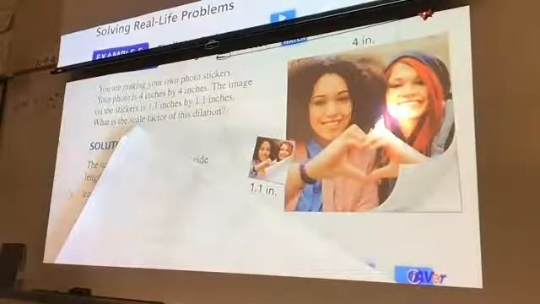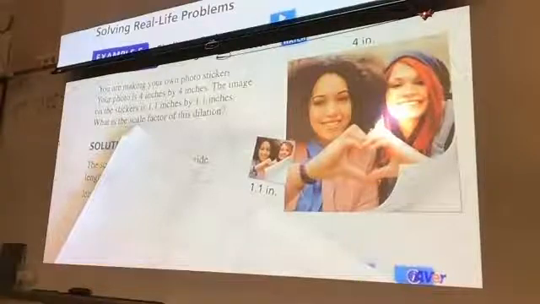All right, so what do we think here? The scale factor going to be for this? Or how can we set it up or anything about that?